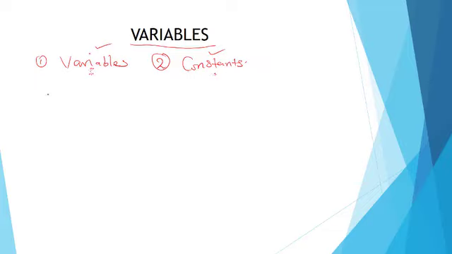And we have so many types of variables. Number 1, we have the output variables. Number 2, we have the input variables.